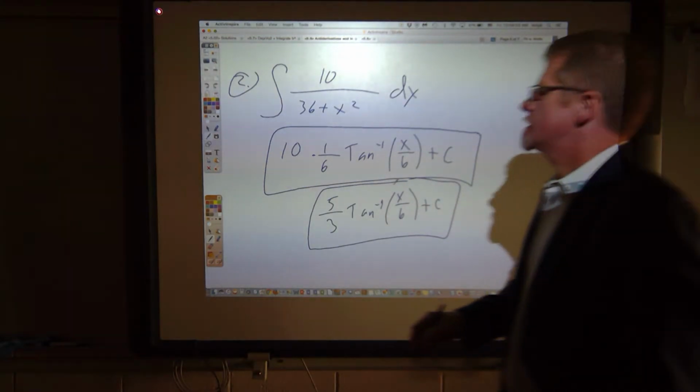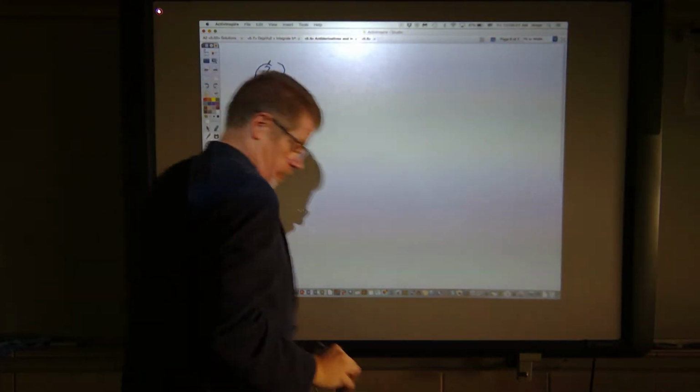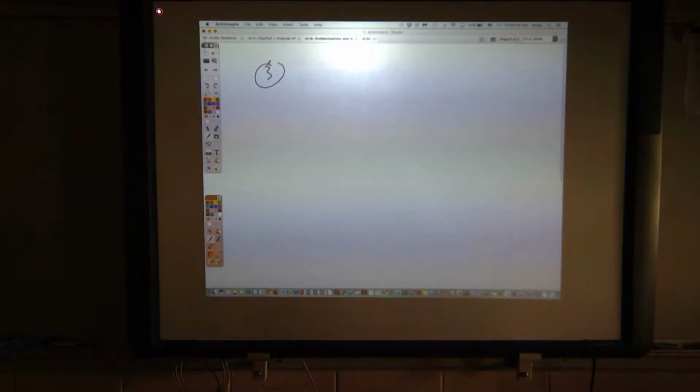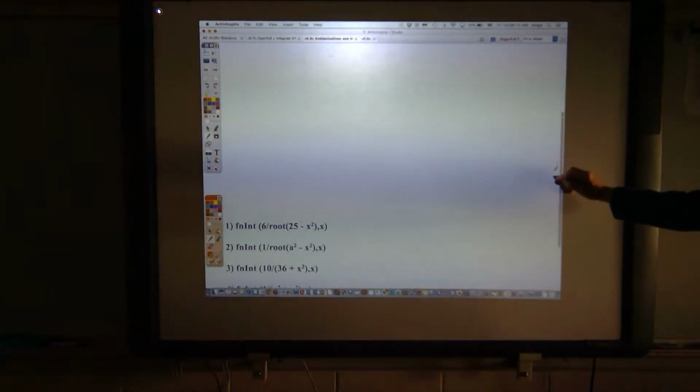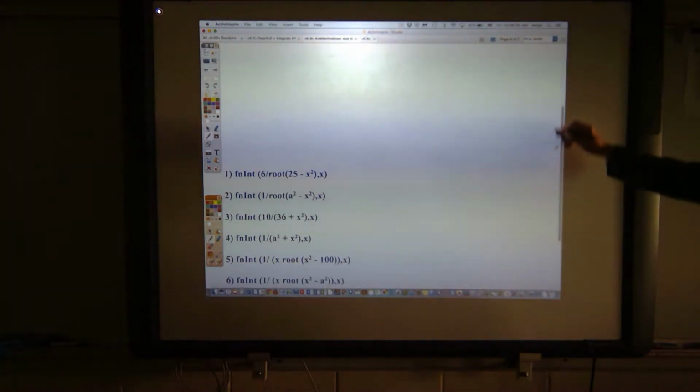Okay, here we go. Example 3, which I forget what I planned for example 3, so I'm just going to paste it into my document. And it's going to be 1 over x root of x squared minus 100.